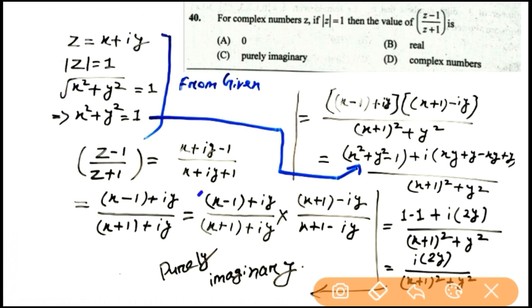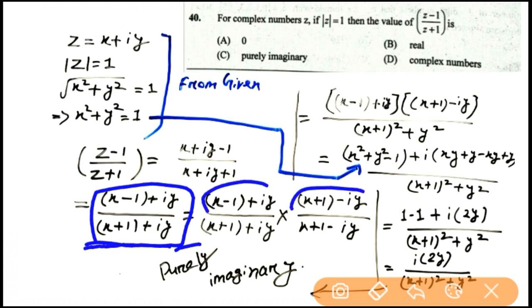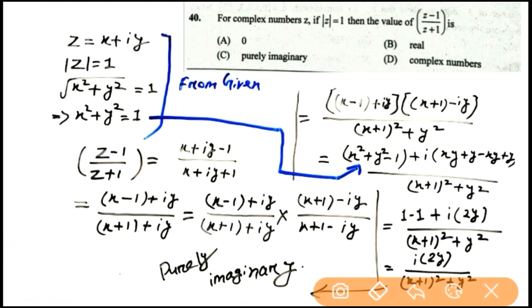By arranging this, we get (x minus 1 plus iy) by (x plus 1 plus iy). Now we will rationalize this, by multiplying both numerator and denominator by x plus 1 minus iy.